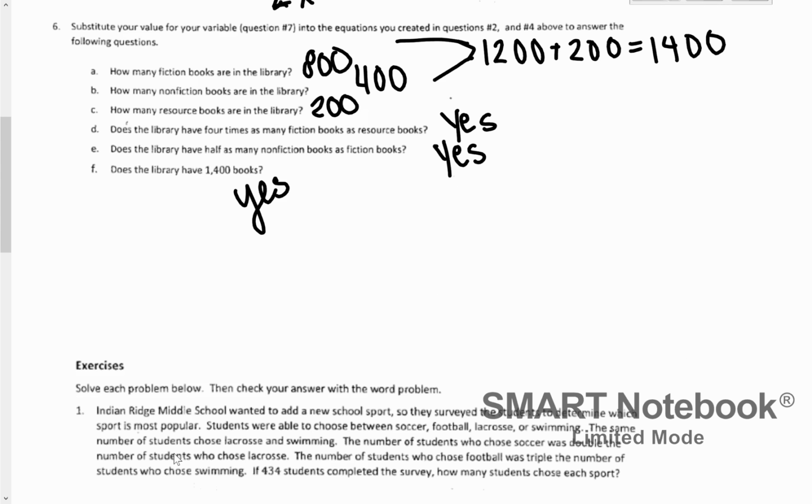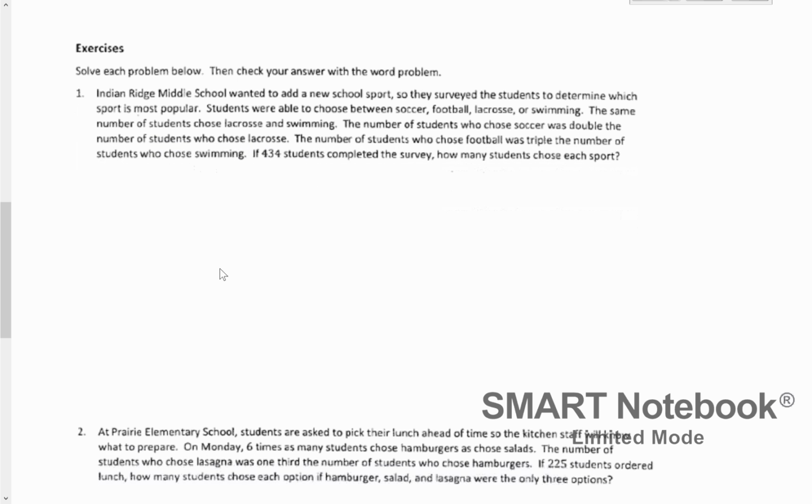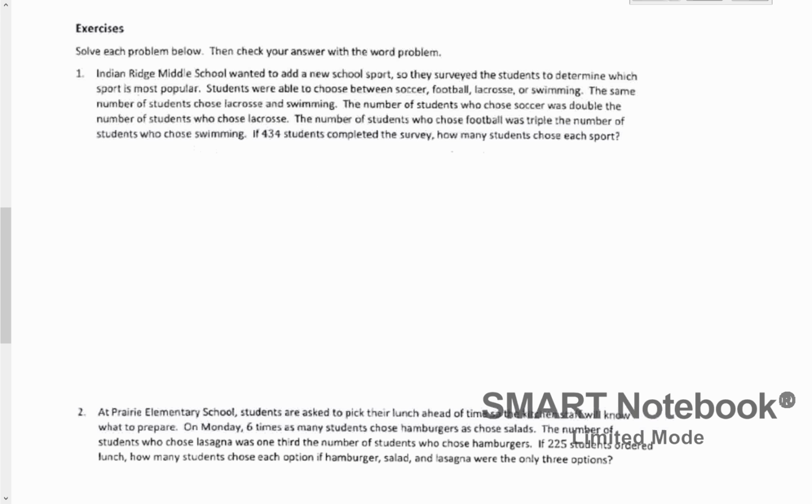All right. Now let's kind of solve a problem without all of those helpers in place. Indian Middle School wanted to add a new school sport, so they surveyed the students to determine which sport is most popular. Students were able to choose between soccer, football, lacrosse, or swimming.